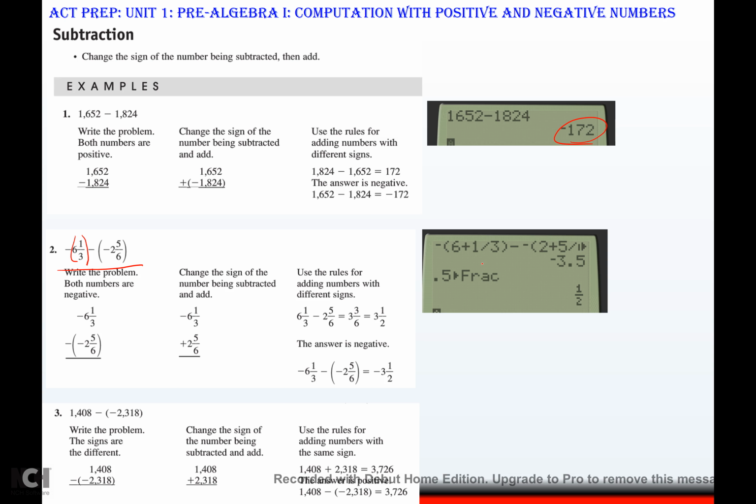So I have negative, parentheses 6 1/3, minus a negative, parentheses 2 5/6, which gives you -3.5, or -3 1/2 as a fraction. When you minus a minus, that turns it positive. But if you don't remember that rule or you get nervous, just type it in. Minus a negative, and the calculator will take care of it for you. You get 37.26.